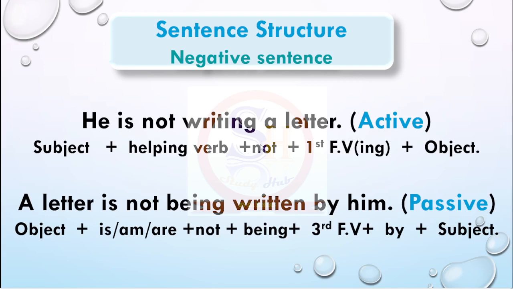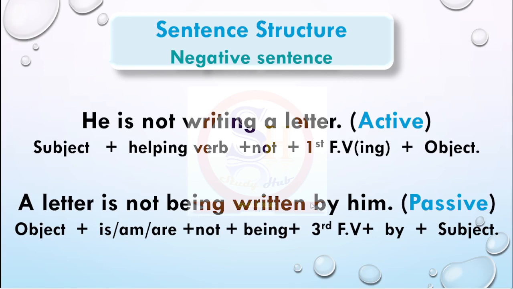But here this one is the negative sentence, so you are to focus on this one word as well. Here we write not after is, am and are, and then we write being after using this word not, right? Is not being, are not being, am not being.